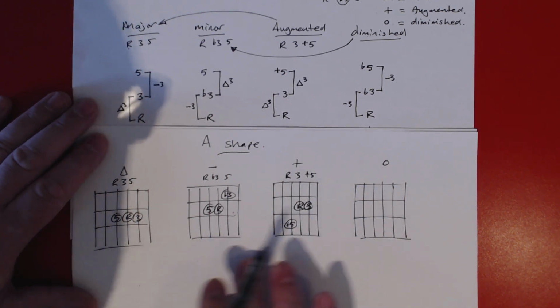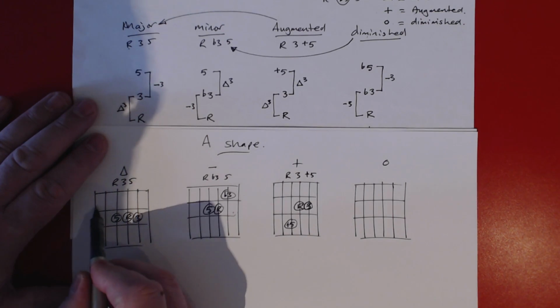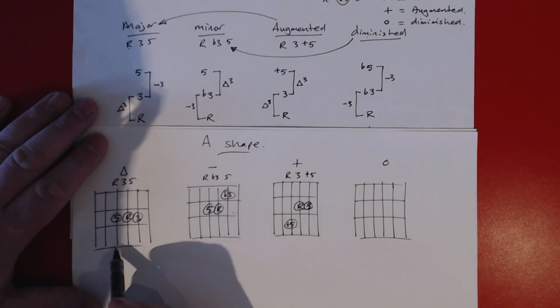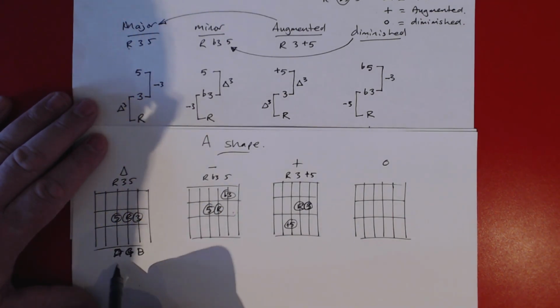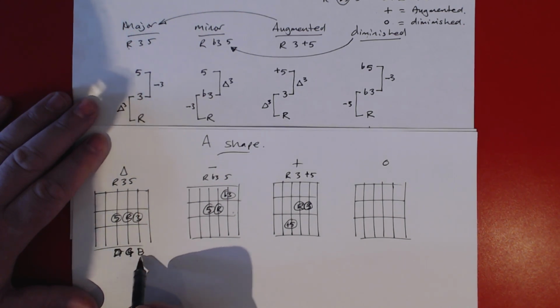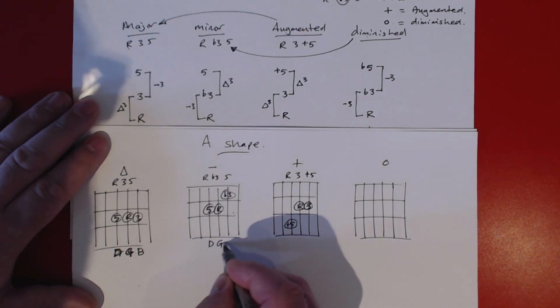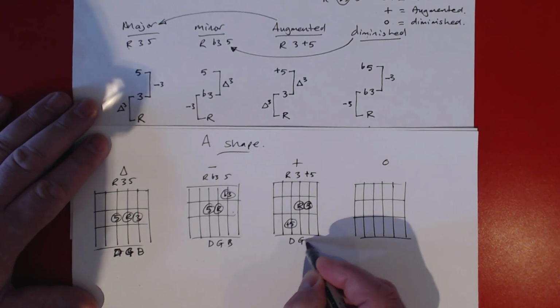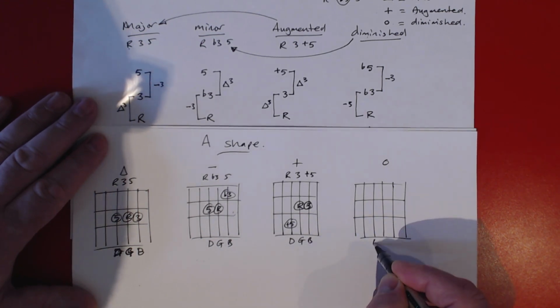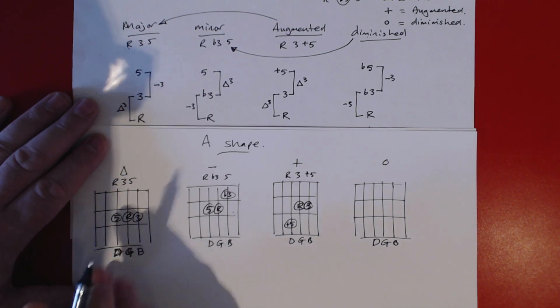Now what I recommend is you play these and listen to them. Don't hit any of the other strings, just play these strings here. And so you can see I'm only applying this on the D, the G and the B strings. I wrote that wrong there. D, G, B, D, G, B, and then I'm going to apply that here, D, G, B.